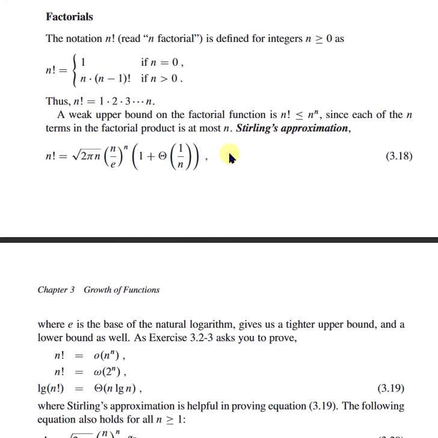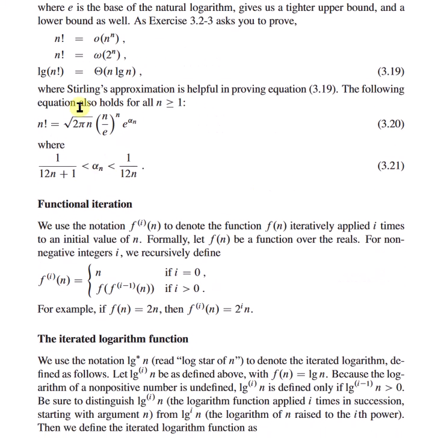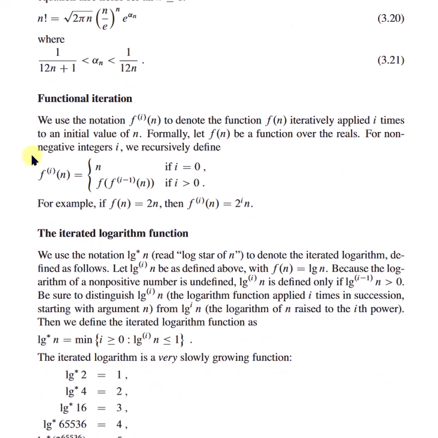In Stirling's approximation, n factorial is equal to root of 2 pi n times (n by e) to the power n times (1 plus theta of 1 by n), whereas the base of the natural logarithm gives us a tighter upper bound and a lower bound as well. As an exercise asks you to prove, the Stirling's approximation is helpful for the following equation.